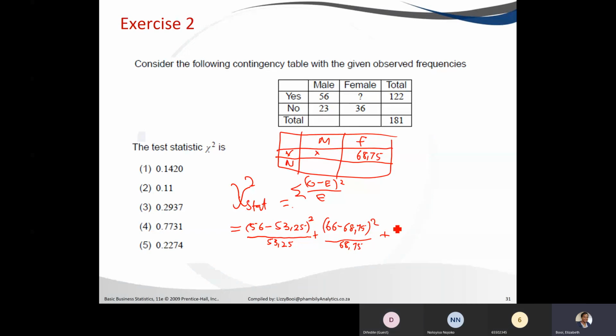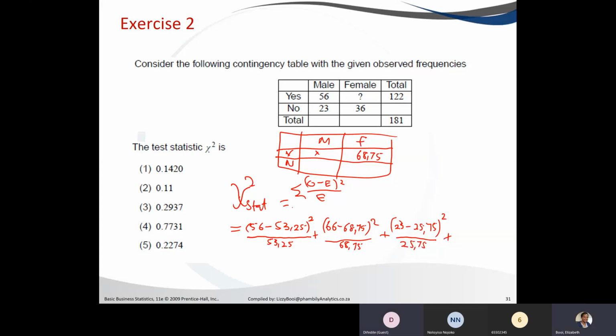For 23, what was the expected value? 25.75.